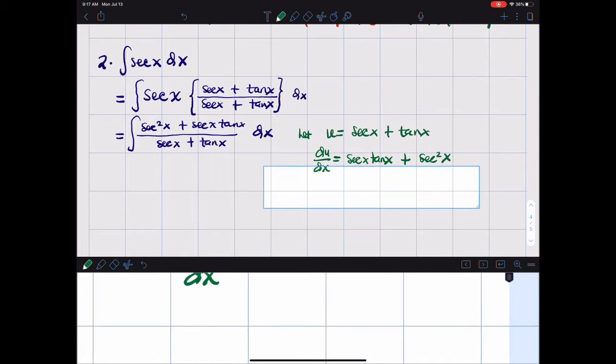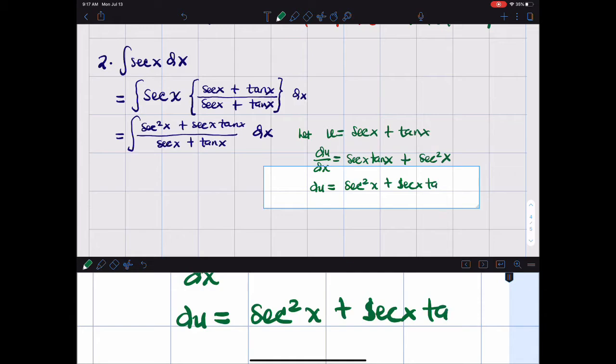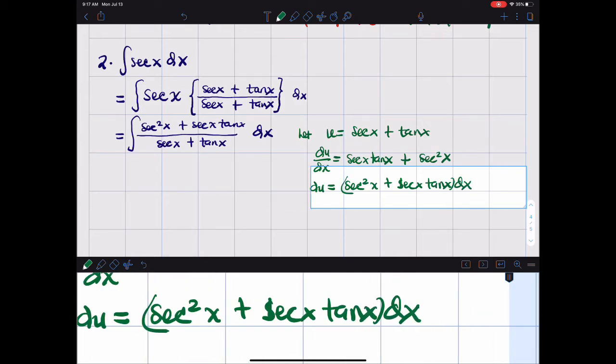So this means that du can be written as, if I want to write the secant squared of x first, secant squared x plus secant of x tangent of x, cross multiply, I put dx here.